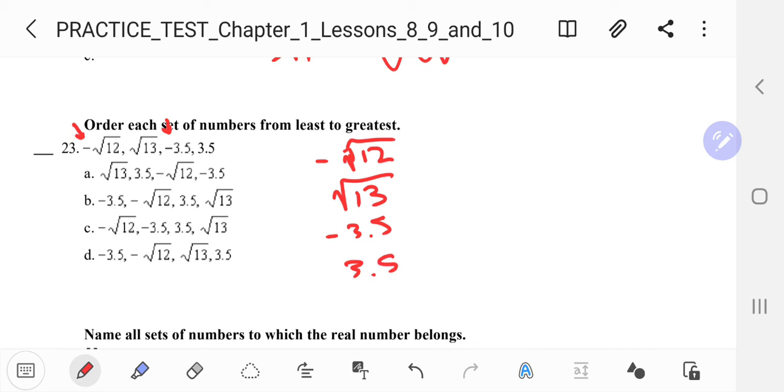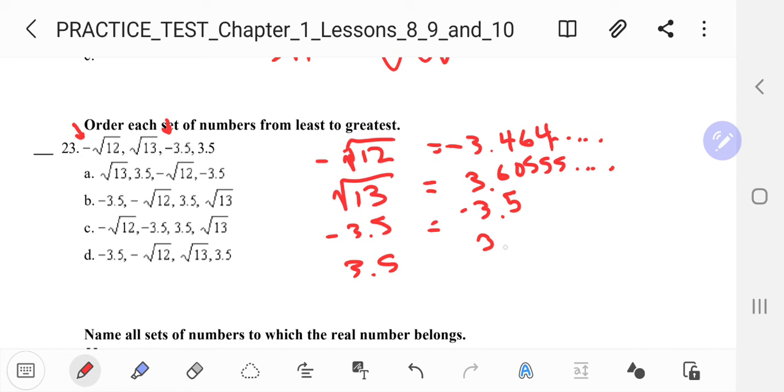Square root of 12 gives me 3.464. But that's negative. Watch out for that. That's going to be 3.60555. All right, that's negative 3.5, and that's 3.5.